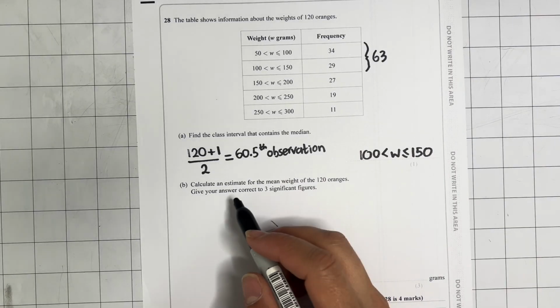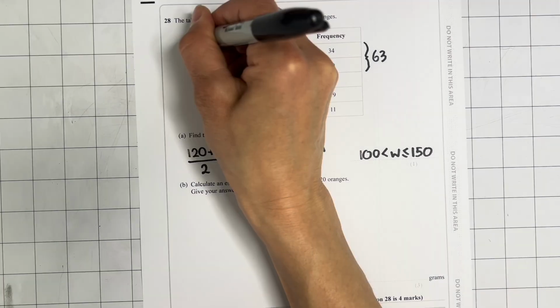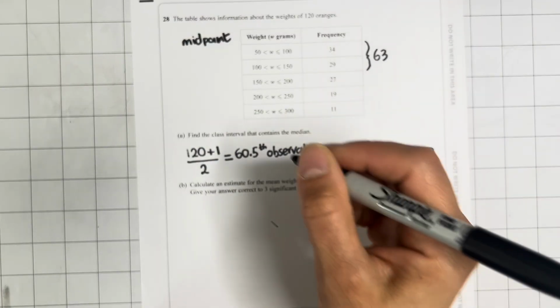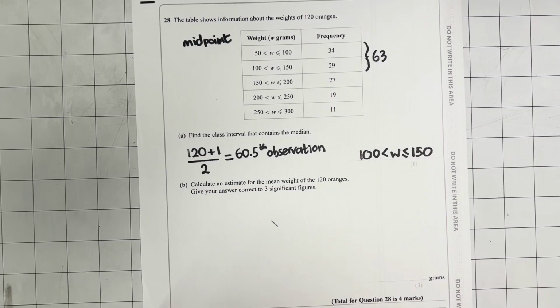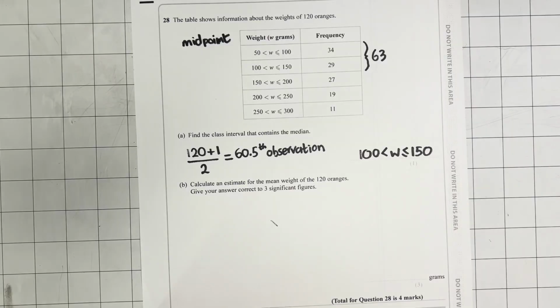In part B, we're asked to calculate an estimate for the mean weight. To do this, we need to find the midpoint of each of these intervals.